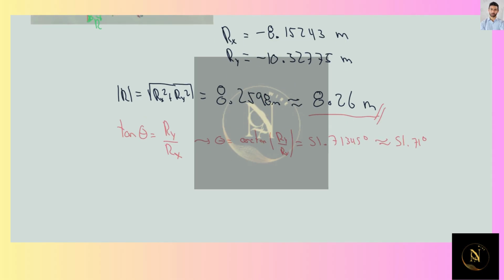So the resulting vector is going to have a magnitude of 8.26 meters and a direction of 51.71 degrees south of west.